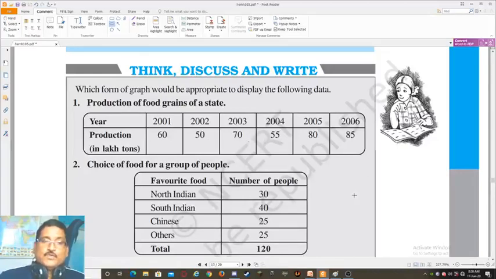Now this information we have to represent within a pie chart. For this, as I told you, when the total is not given, I have to write down the total, otherwise I cannot draw it. So the total, you can write down, take the help of a pencil.